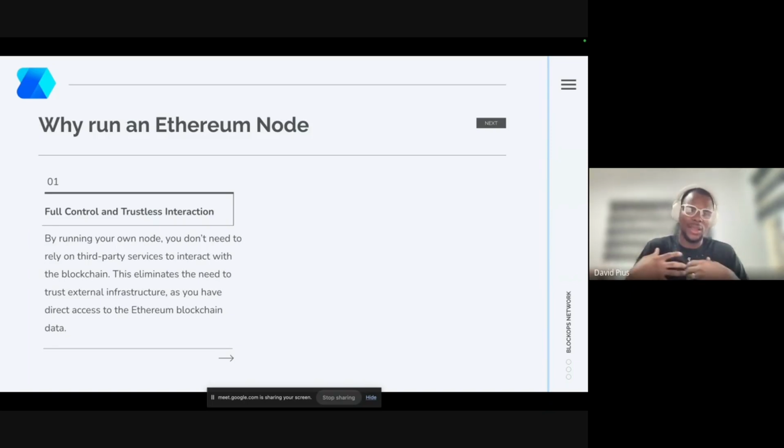You're sure of your own data, right? For instance, today if you're building a dApp, you're either using Infura, Alchemy, RPC or stuff. Running your own node gives you that liberty to not just rely on a third party.